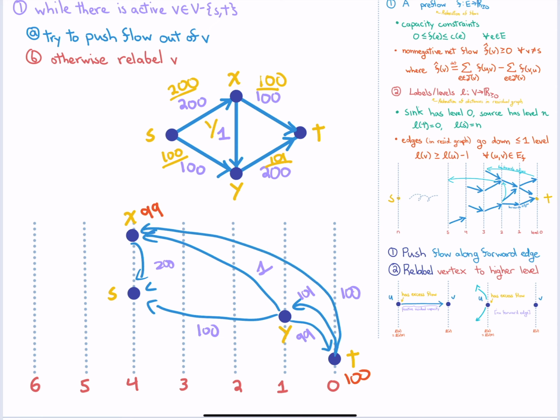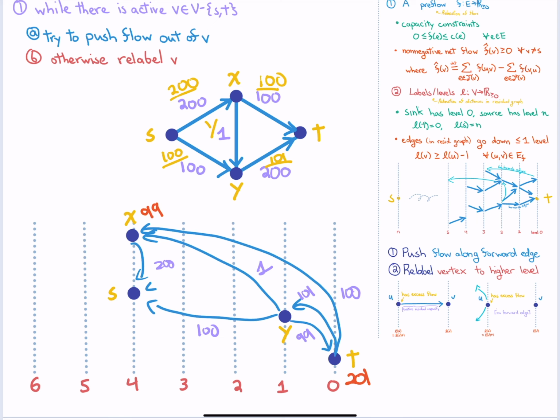Okay. Pick an active vertex. Oh, what did I not do? Oh, yeah, that should be 101. 201. Thank you. Okay. It's 201. Okay, good.